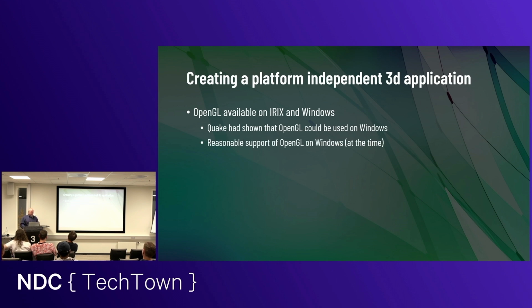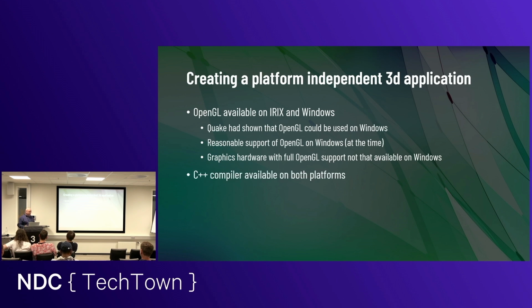And there was reasonable support for OpenGL on Windows at the time as well. It was hard to get the hardware, but you could find it, so I found some of the cards to do it. Another problem was that a C++ compiler had to be available on both platforms, and we are talking about C++98-ish compilers.